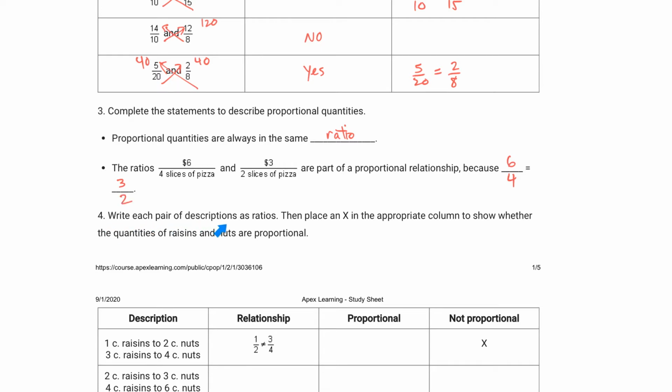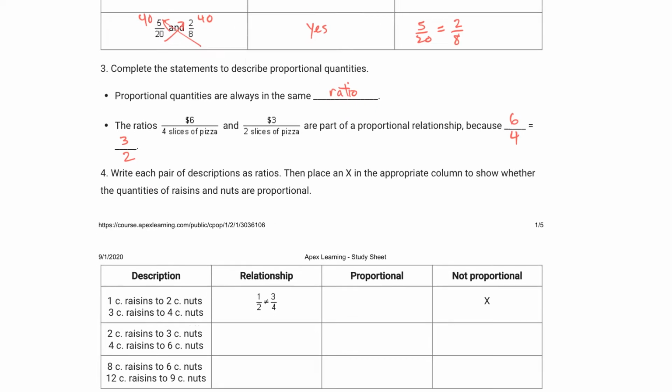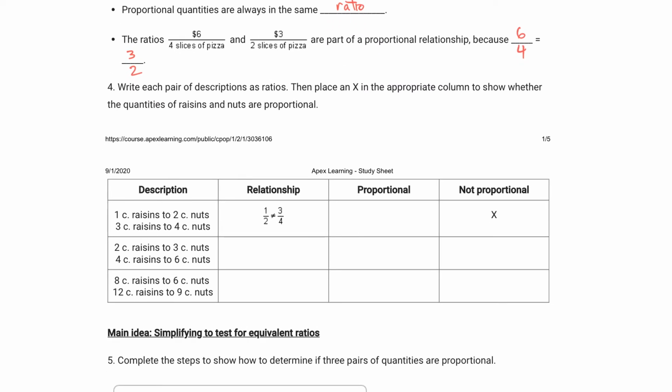Write each pair of descriptions as ratios. Place an X in the appropriate column to show whether the quantities of raisins and nuts are proportional. Okay, so let's go with this. 1/2 is not equal to 3/4, so we know that that's not proportional. Then we'll go 2 to 3. So 2/3, is that equal to 4/6? And yes, it is.